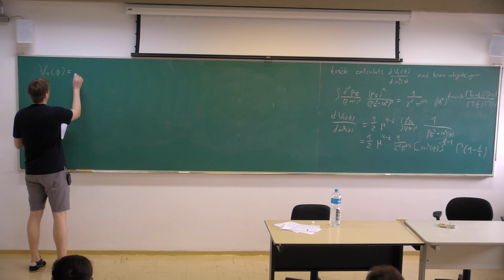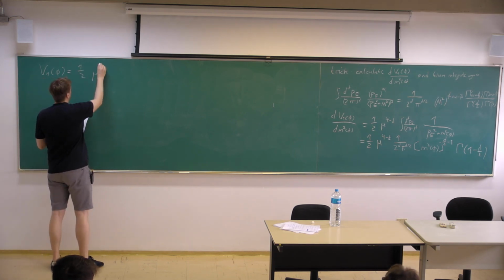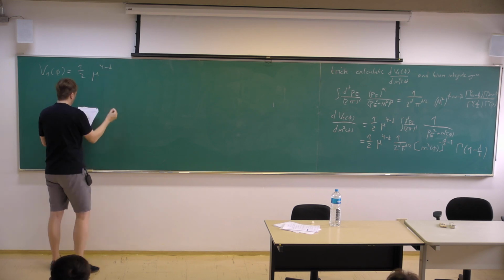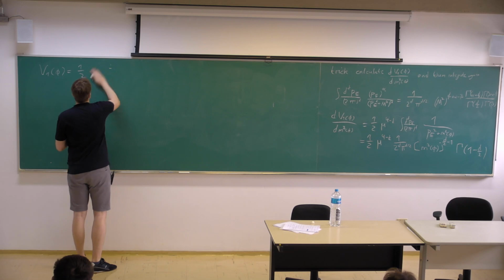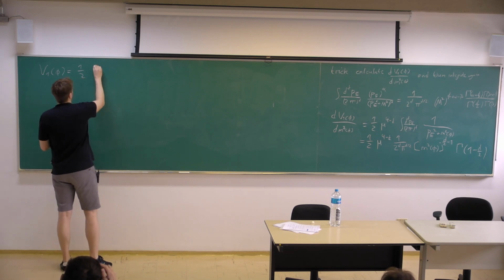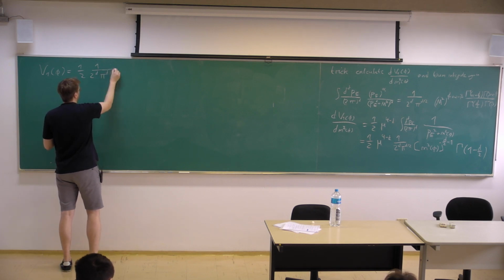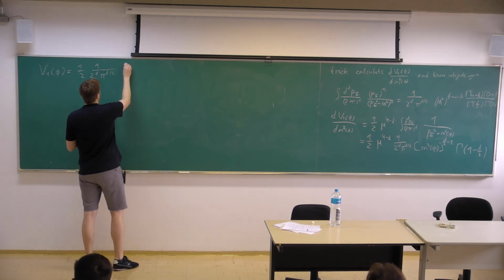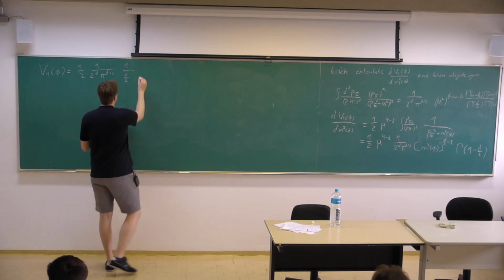Okay, so I get, to the minus d, sorry, where am I? To the d over 2, that's 1 over d over 2 from integrating.